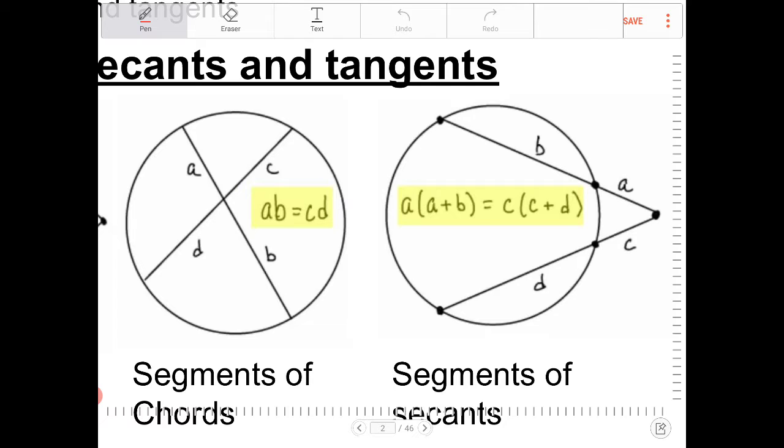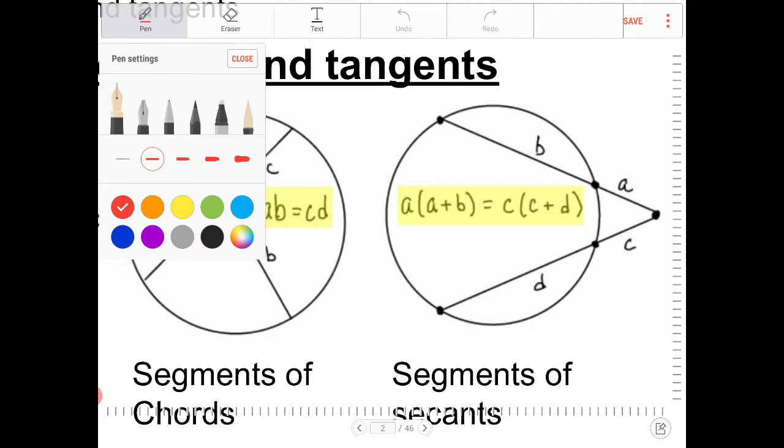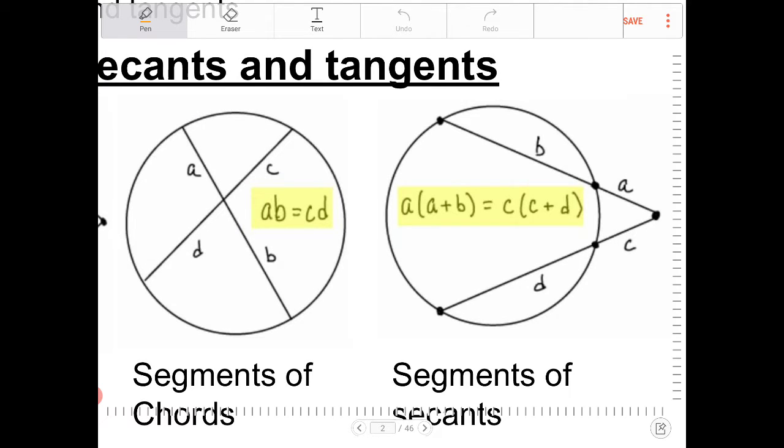A way to remember this, and I've said this in the previous video, but I want to repeat myself here, is not to memorize the equation verbatim, but instead try to have the diagram accompanying it. Try to understand what the equation is saying so that you can have an overall understanding of the big picture here.